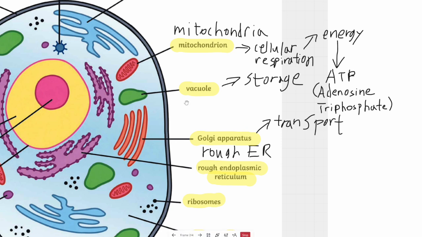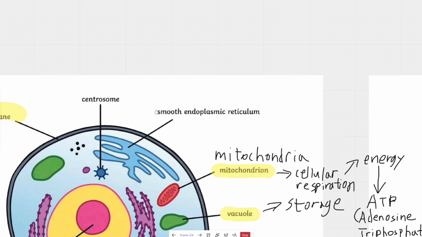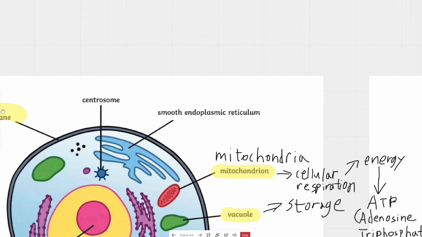Now let's move on to the smooth endoplasmic reticulum. The smooth ER is basically just like the rough ER, but it produces a different thing. As you know, rough ER produces protein, right? Now smooth ER is different.